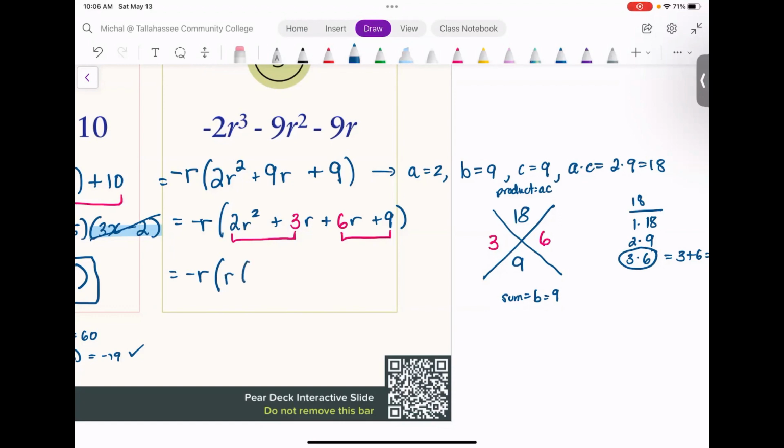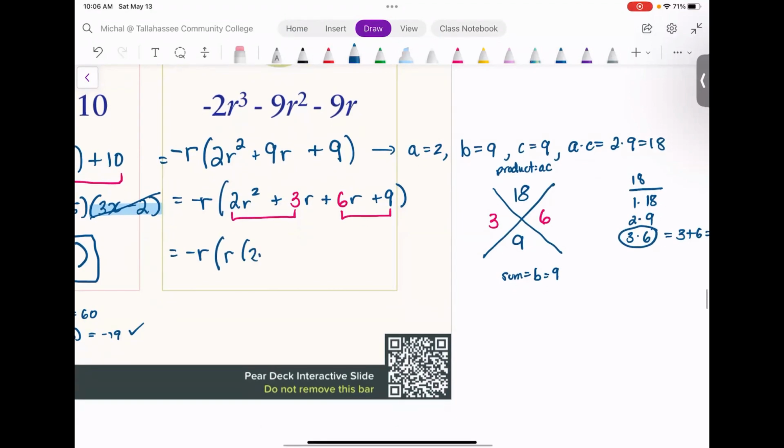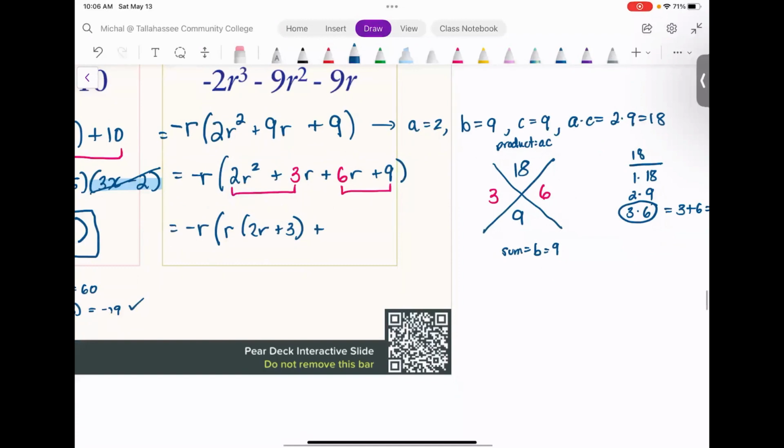If I divide out my common r, 2r squared divided by r is just 2r. 3r divided by r is just 3. The greatest common factor of 6r and 9 is 3, since 3 divides both 6 and 9 evenly. 6r divided by 3 is 2r. 9 divided by 3 is 3.